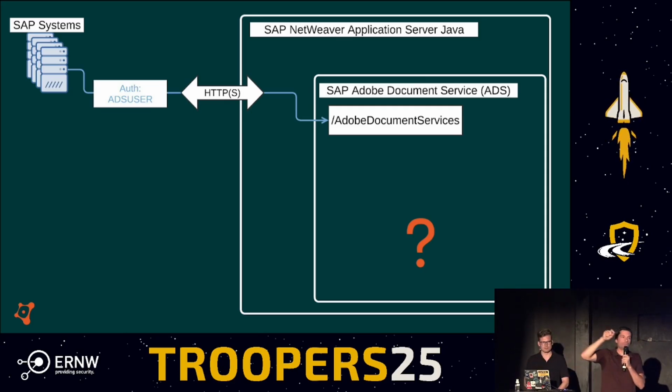So we see some communication directly to the Adobe Document Services from an ABAP NetWeaver system, and in this case they use authentication. So we have these two entry points: the XFA process and the normal communication.